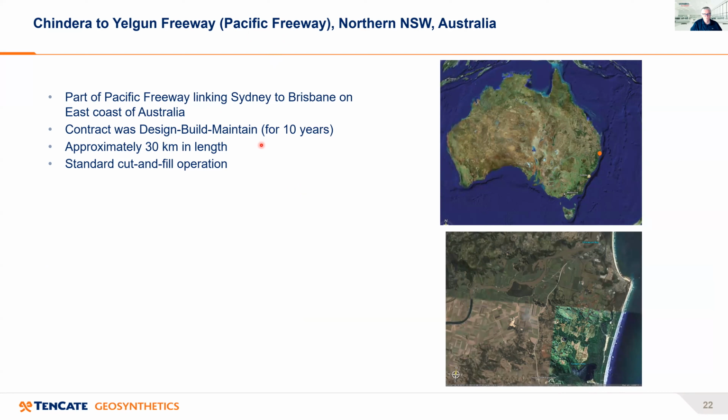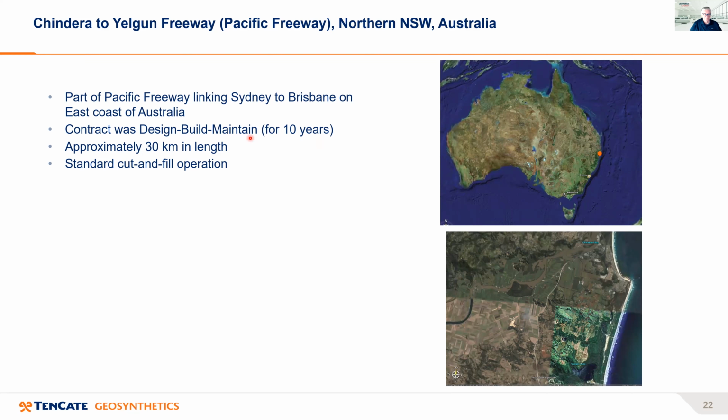This contract was a design, build, maintain contract for 10 years. So the contractor maintained this highway section for 10 years. What was important to him, of course, was that anything he could do during the construction phase that would prevent him having to come back and do later maintenance, he would go for that. The length of this particular project is about 30 kilometres, and it's a standard cut and fill type operation.